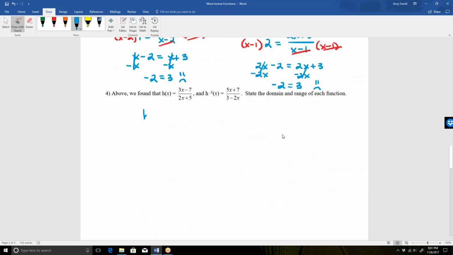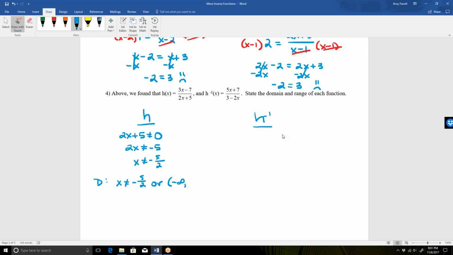So here's h. Here's h inverse. Domain: 2x plus 5 cannot equal 0. 2x cannot equal negative 5, and x cannot equal negative 5 over 2. So the domain of the original function is all real numbers except for negative 5 over 2.